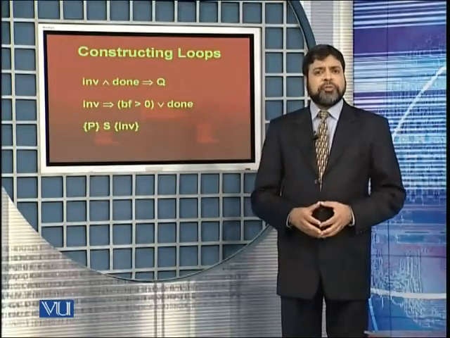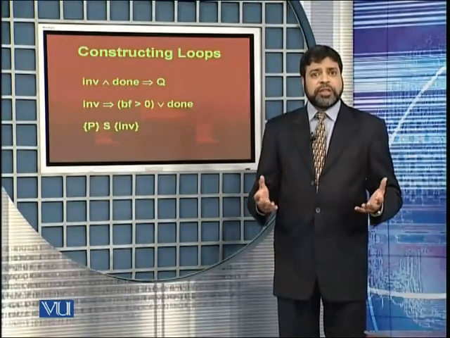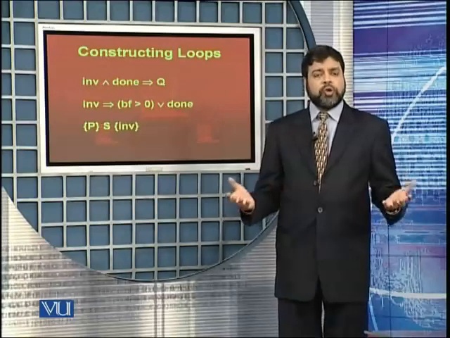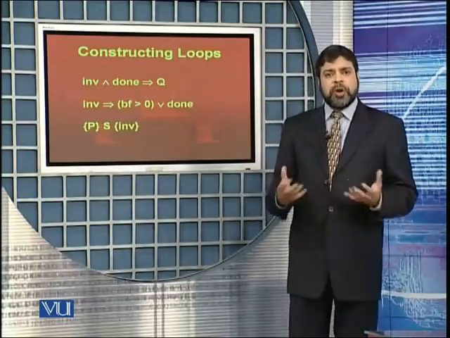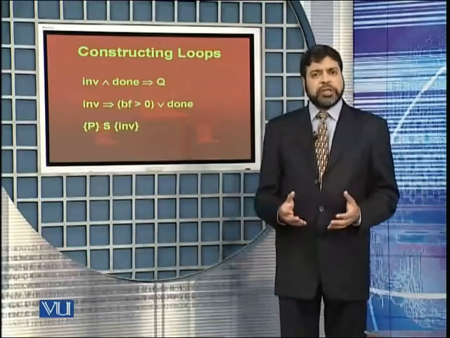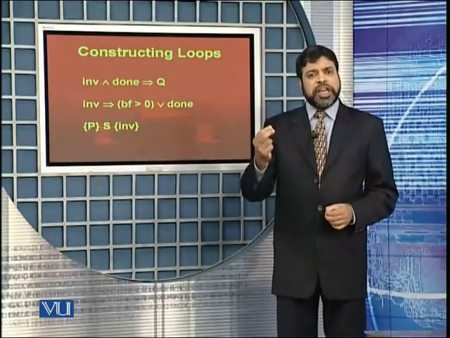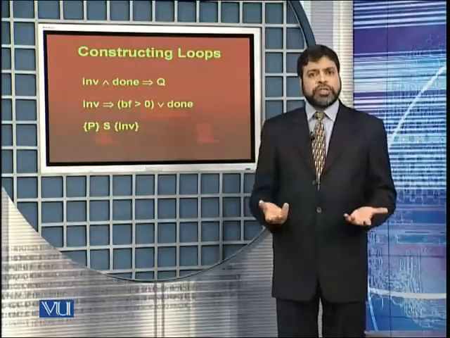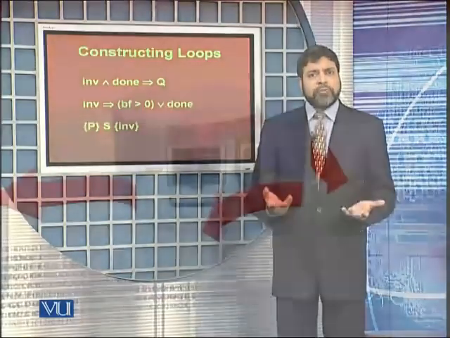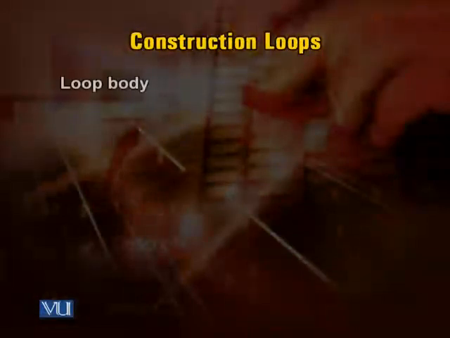Then we have our final thing, that is the body of the loop. The body of the loop has to be such that the invariant condition stays invariant throughout the execution of the loop. So what does that mean? That means we have the loop body.